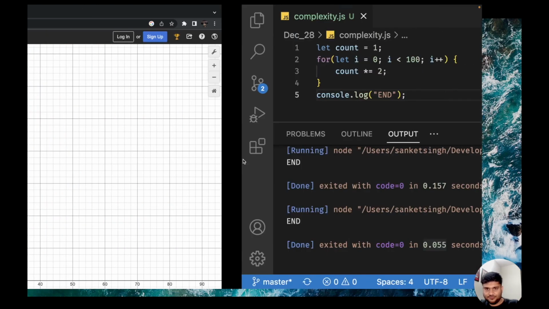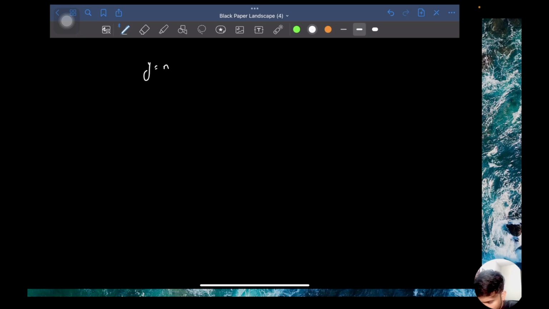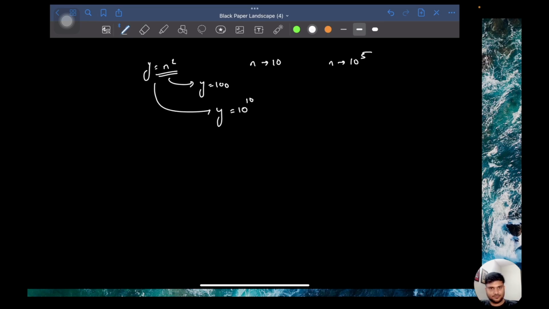And just think about it. Let's say there is a curve y equals n square. If the value of n is 10, then this will give you 100. But if the value of n becomes 10 raised to the power 5, this curve will give you 10 raised to the power 10.